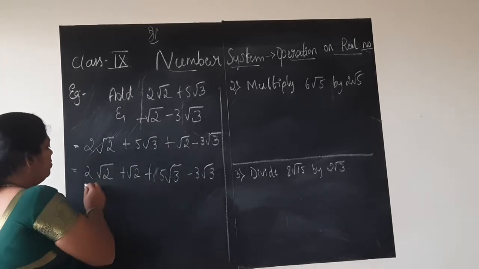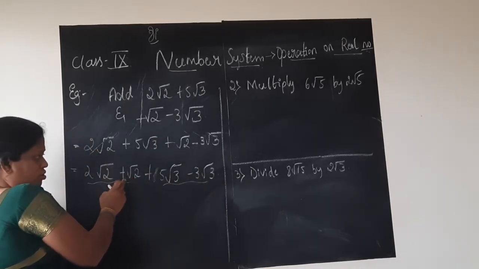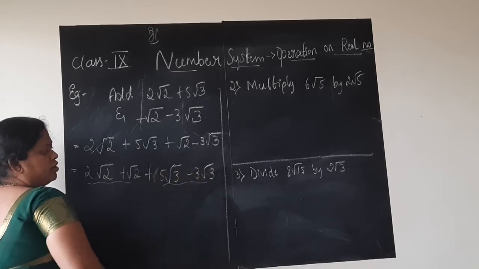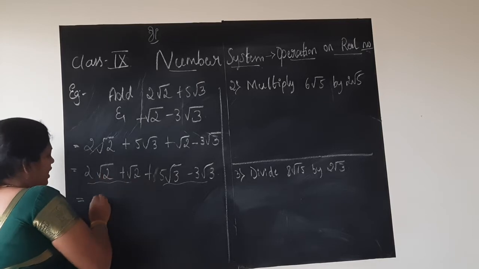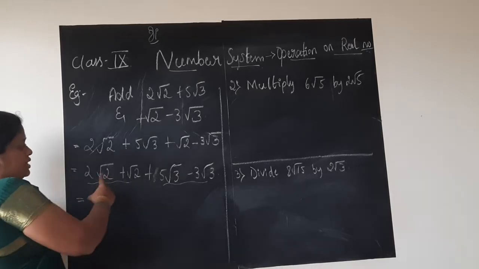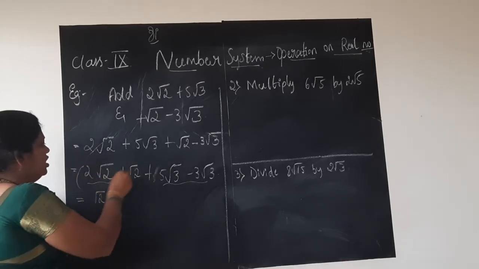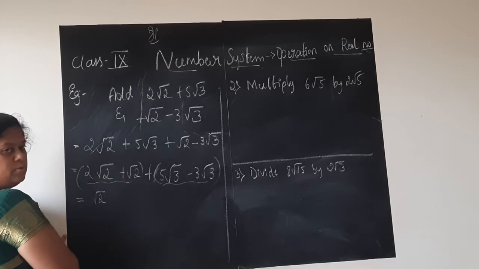Next, after grouping, children, you see these two terms have common root 2, and these two terms have common root 3. So I will take out the square root as a common factor. In these two terms, square root 2 is common.